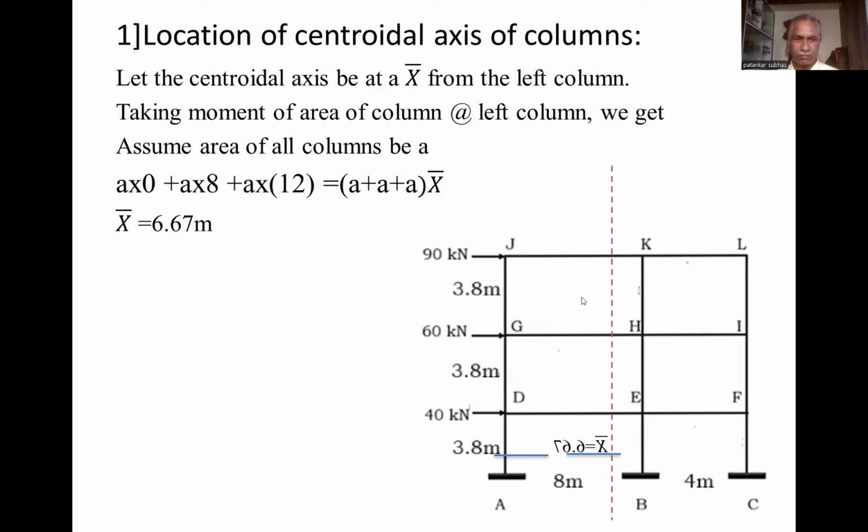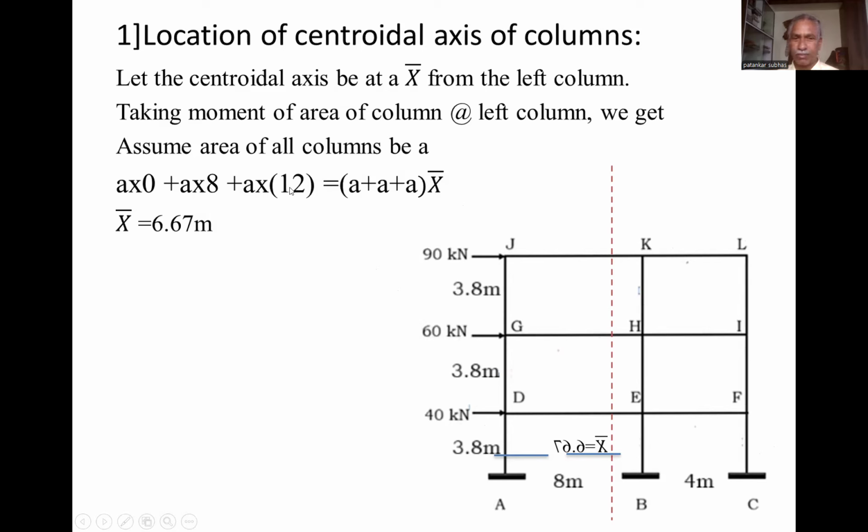That's why we have assumed that all columns have the same cross-sectional area A. Therefore, for the first column, area A multiplied by distance 0. The second column, that is BEHK, is at a distance of 8 meter. The third column, that is CFIJ, from the left column A is at 12 meters.